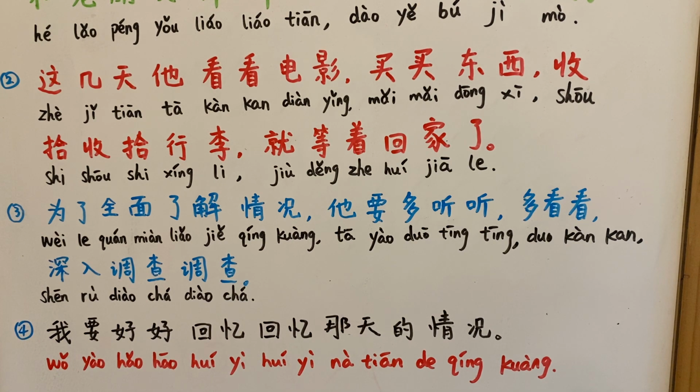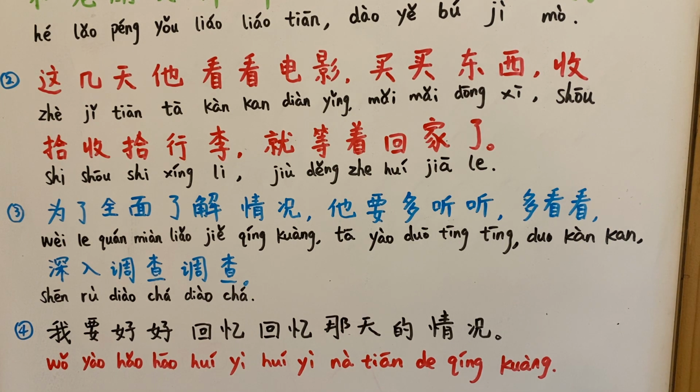It's the possessive, right, of 那天, that day. 那天的情况，我要好好回忆回忆那天的情况. You can say I will, or I want to remember well the situation of that day.